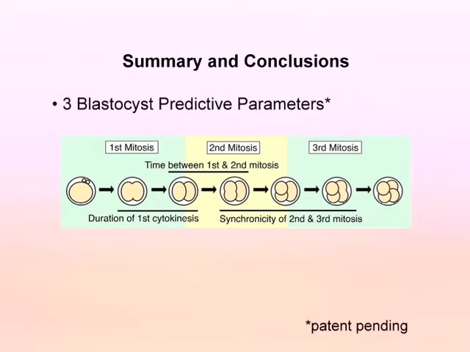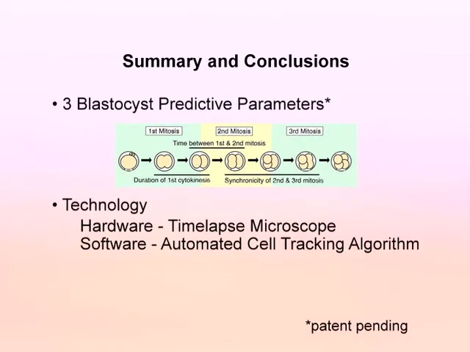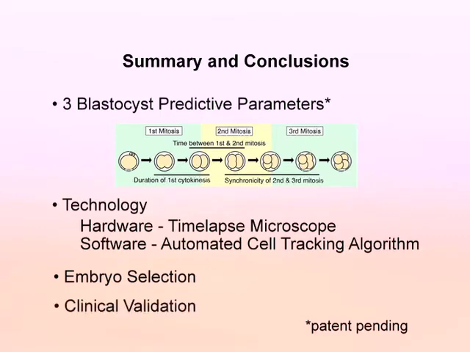Based on the scientific findings of the Nature Biotechnology paper, which demonstrated the use of specific cell cycle parameters to accurately predict by day 2 of development whether a given embryo has the potential to become a blastocyst, and the development of the technology described here, there is the potential to translate this scientific research into clinical practice and improve embryo selection. Naturally, clinical validation is needed to verify this.